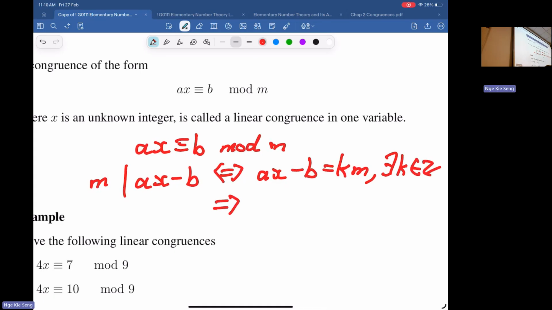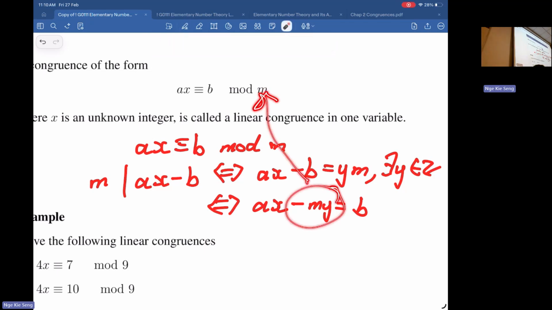If you rearrange this, ax minus km, and if I want to make it similar to what you saw before, let this k be y: ax minus my is equal to b. So it's a linear Diophantine equation actually, where you remove one of the terms by introducing the mod.